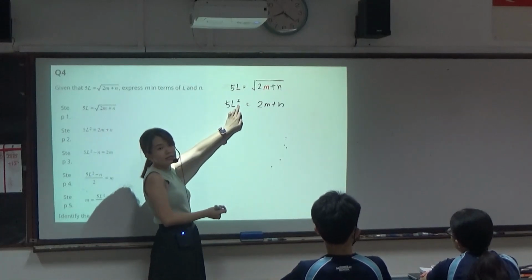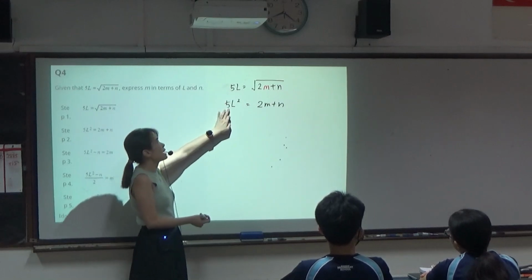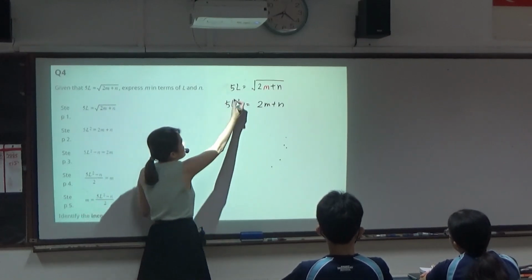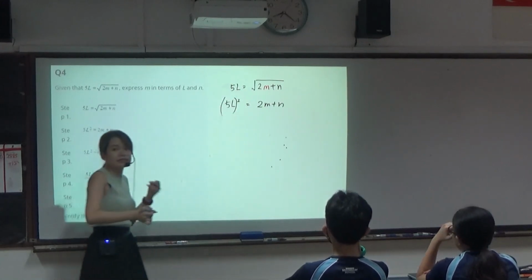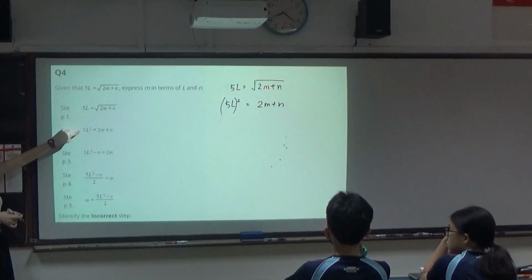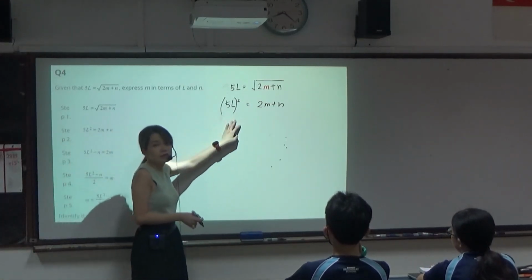If I put a square this way, the square is only for the L. It doesn't apply to the entire 5L. So I need to put brackets around this. That's why in this question, step 2 is the wrong step, because there were missing brackets.